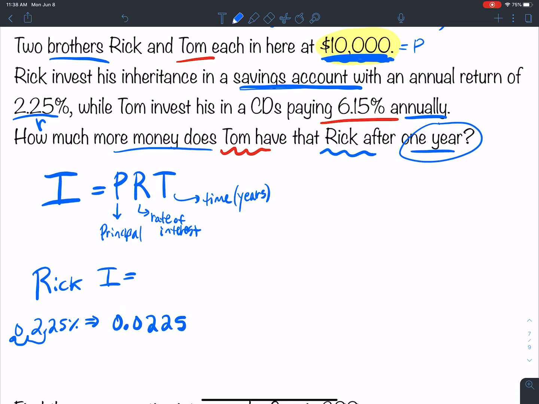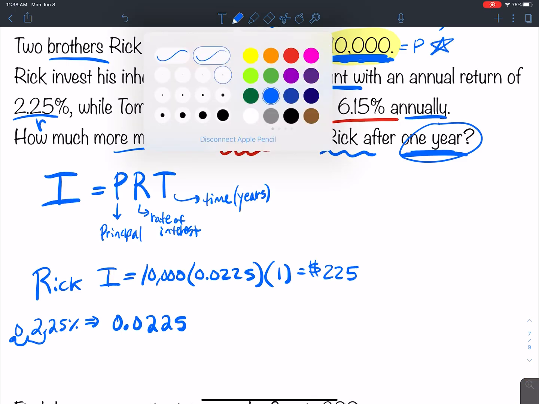So Rick has P, the 10,000 principal, times the rate 0.0225, times the time, which is 1 year. Multiplying that out, I get $225. So Rick has earned $225 off that $10,000 inheritance.